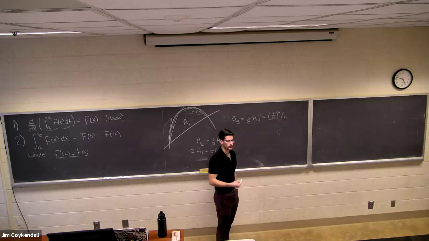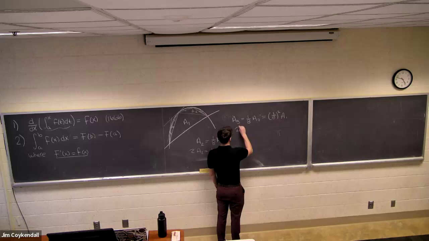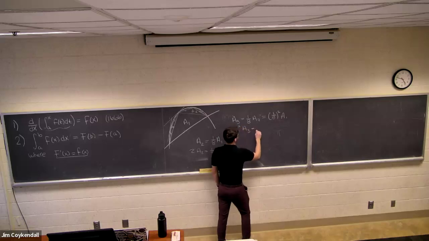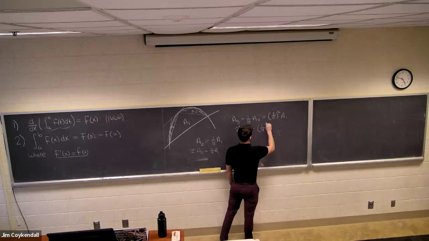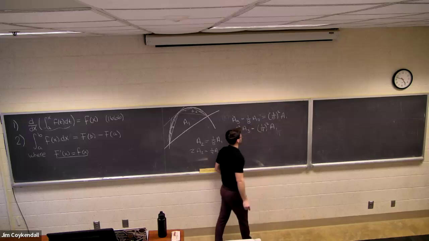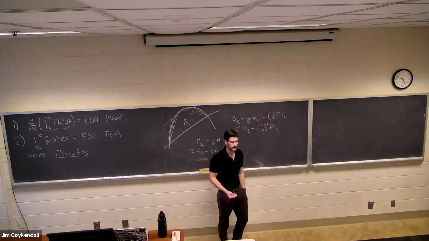And how many copies do we have? Well, 4. 2 squared. So A3 equals 1/4 squared A1, right? Because 2 squared times 1/8 squared, bring the 2 in, becomes 1/4 squared, right?